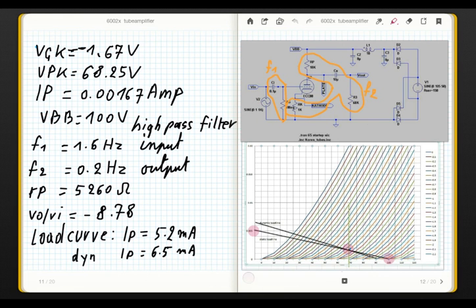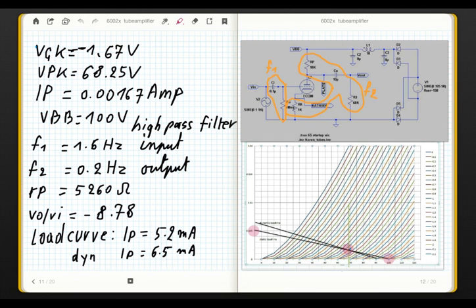The amplification of the circuit is minus 8.7, so a 1 volt input signal will give an 8.7 volt output signal. It's very easy to draw the tube curve with this model in Excel.